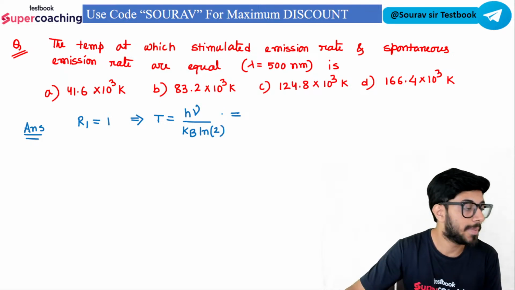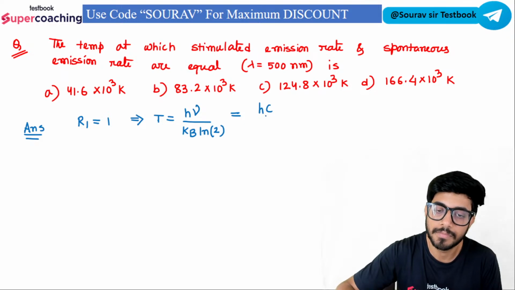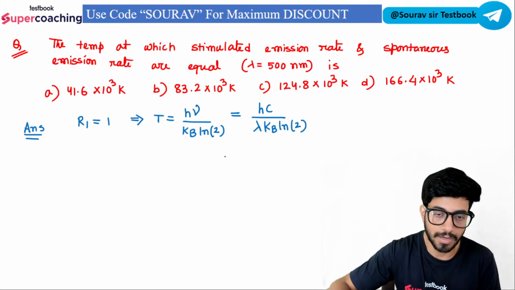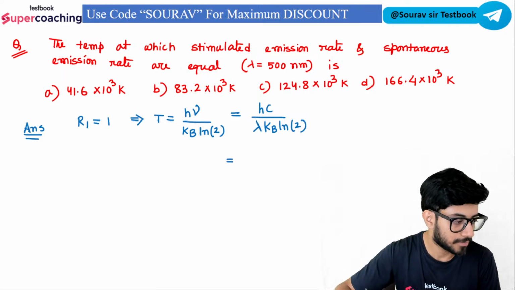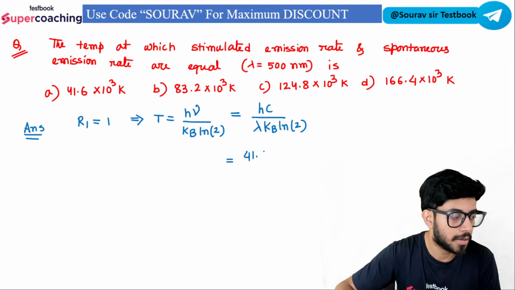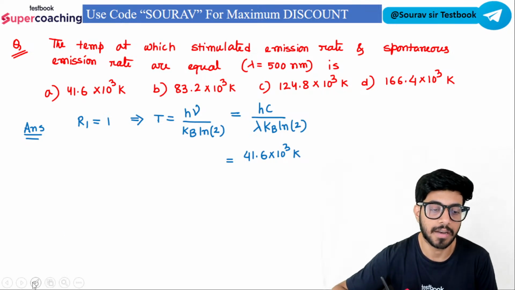Nu is equal to c by lambda, so it's c by lambda kB ln of 2. Put all the values, you're going to get 41.6 into 10 to the power of 3 Kelvin. So option A is correct.